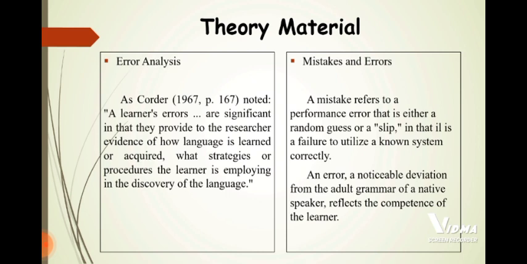A mistake refers to a performance error that is either a random guess or a slip, in that it is a failure to utilize a known system correctly. An error, a noticeable deviation from the adult grammar of a native speaker, reflects the competence of the learner.